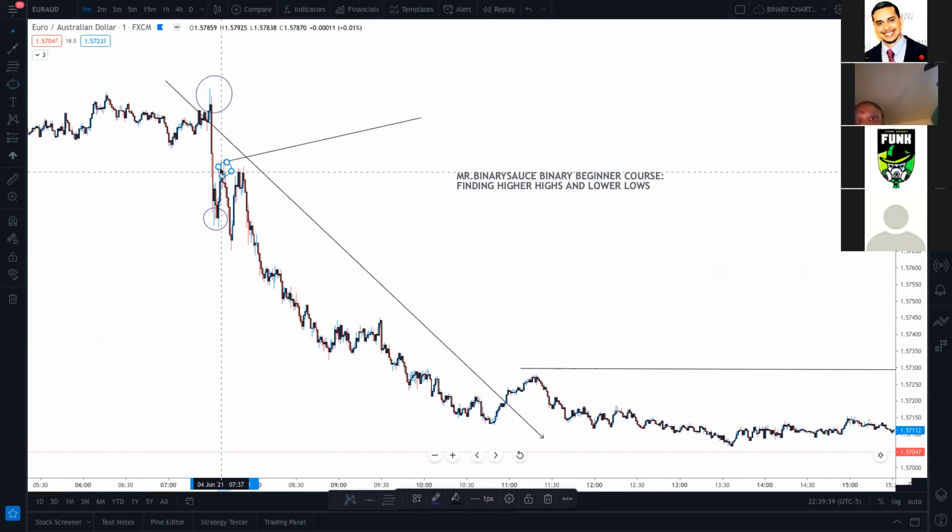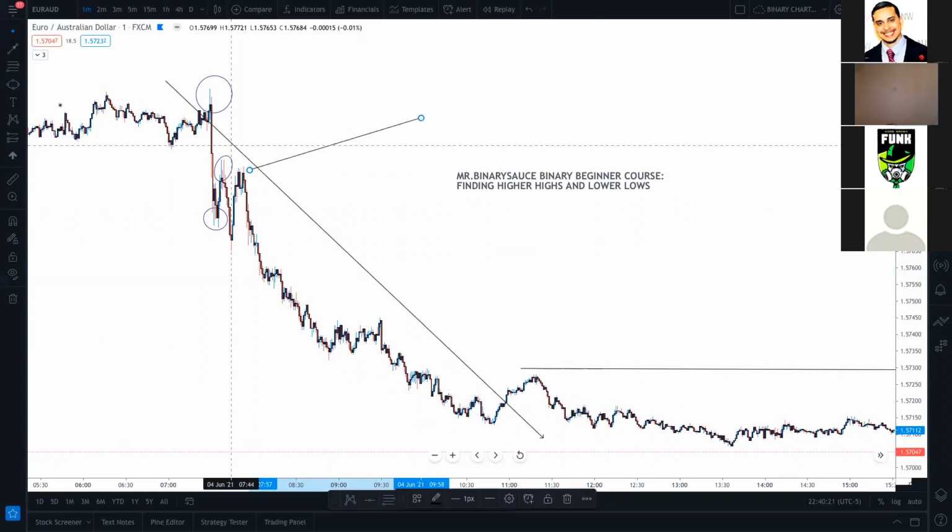So we know that if price comes back to this area, it's going to either fall down from this area, or it's going to consolidate because previous price had some problems here.